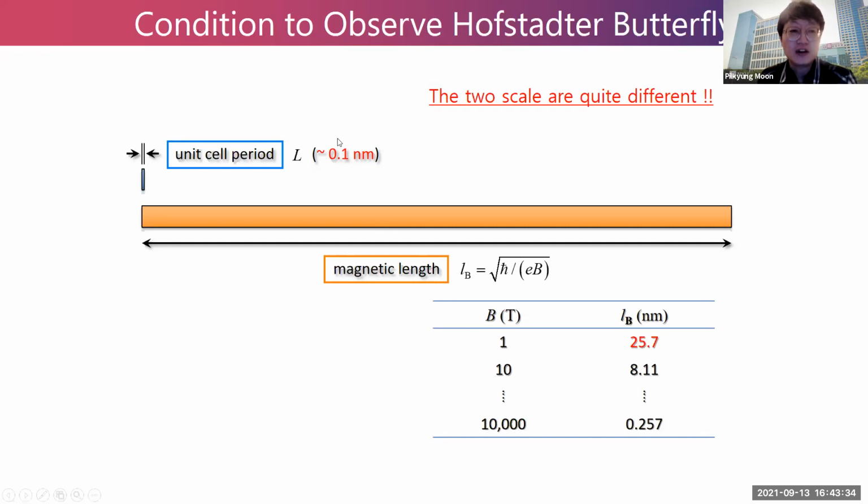The period of a typical unit cell is on the order of 0.1 nanometer, while the magnetic length is on the order of 10 nanometers. So suppose you ride a bicycle and hit a very small stone. If the size of your bike and the stone is very different, the coupling is almost negligible. If the sizes become comparable, then they effectively interact with each other.